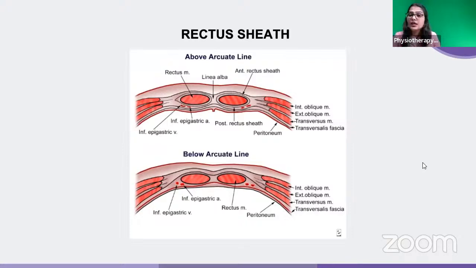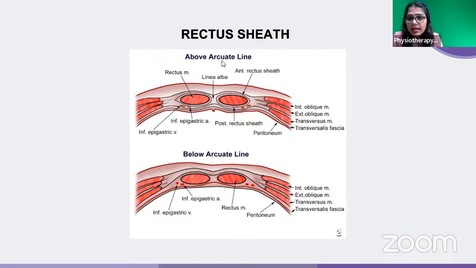Now, talking about the rectus sheath. Rectus sheath is nothing but a covering, a layer which is present in the abdominal wall and it covers the abdominal muscles. As you can see, this is the transverse section of the model, or you can say if I cut him like this and you are seeing it from above, you can see these following structures.